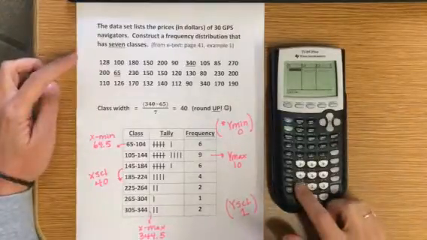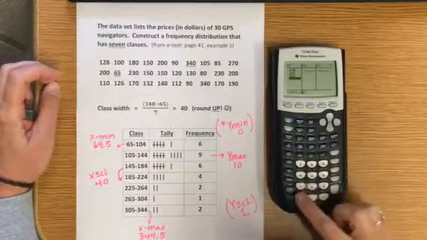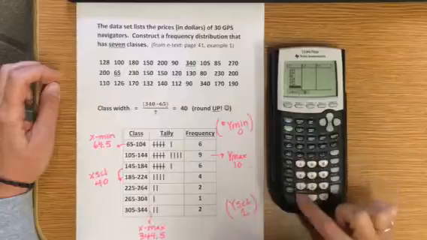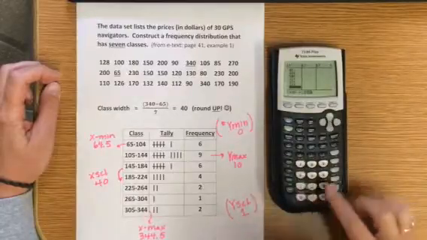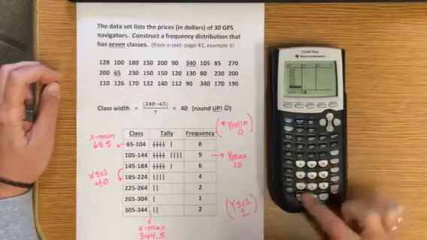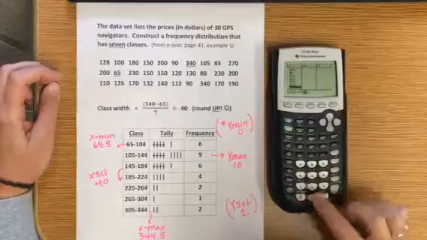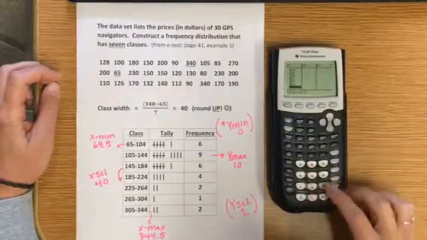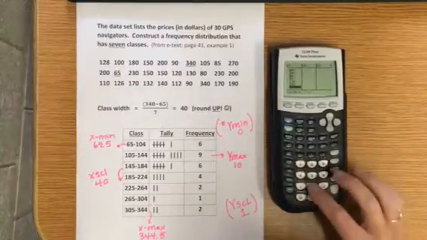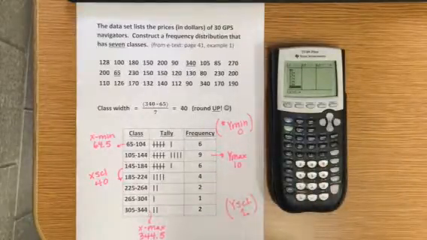We'll then type in the new data set by pressing each number and then hitting Enter in between. Once all the data has been entered, we'll want to set up the graph.